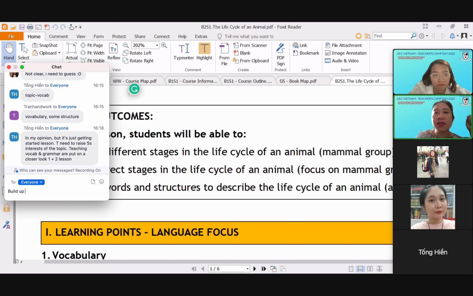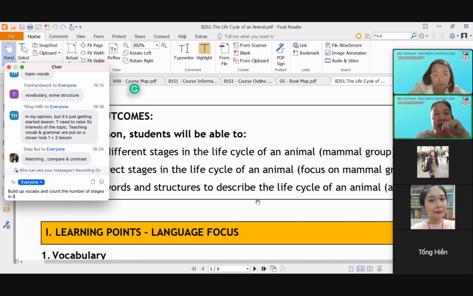We have outcomes. That is very typical for outcome-based, backward design, okay? We put learning outcomes at the beginning, and then we follow with the content. Matching, compare and contrast, good. Yes, exactly.